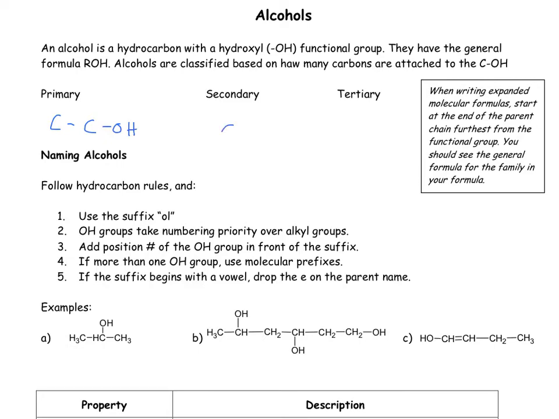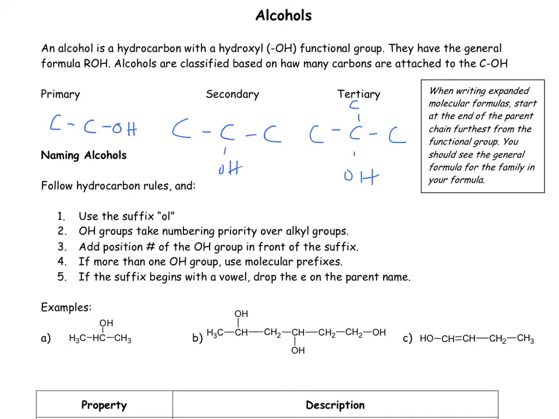Secondary carbons have two carbons attached to the carbon with the functional group. This means you'll see the OH in the middle of a chain. And tertiary alcohols have three carbons attached to the carbon bearing the OH. Don't get this classification system mixed up with how we classify amines and amides.